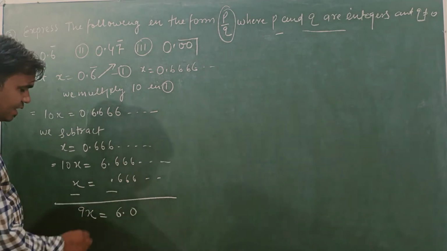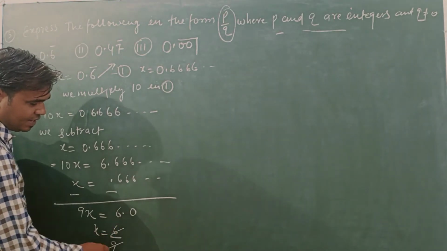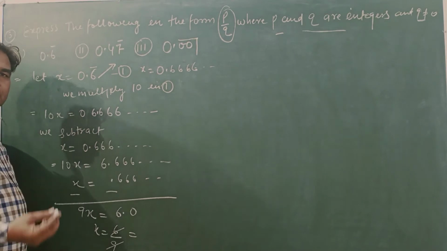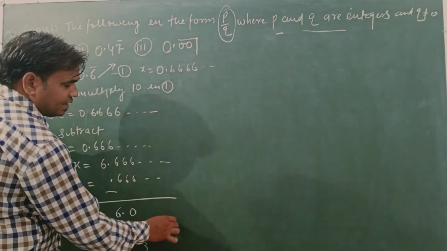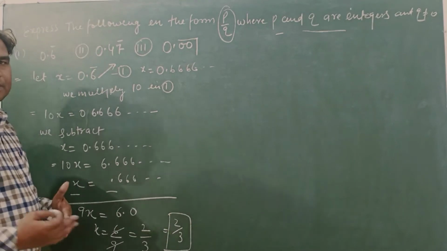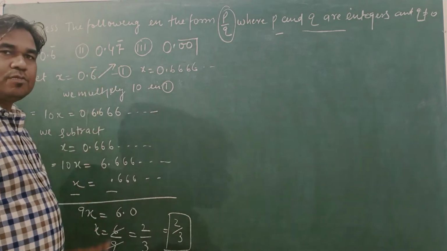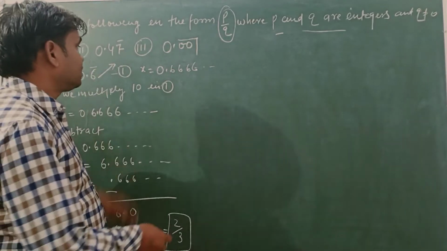So this is 6 over 9, and we can convert it into simplest form, dividing 6 and 9 by 3. So this is 2 over 3, which is a rational number in the form p over q.